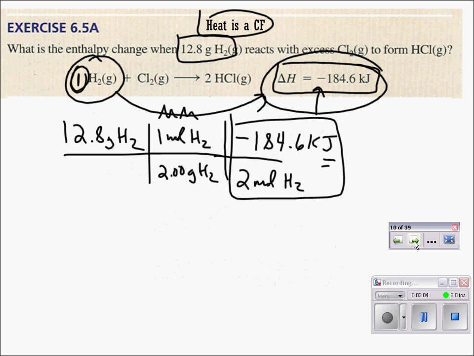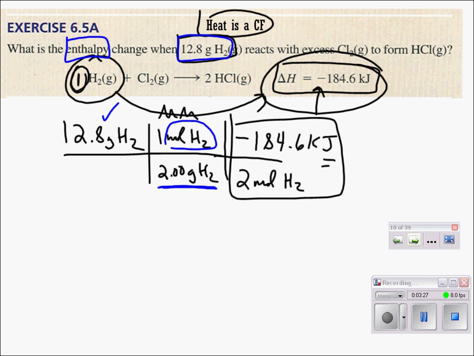One of the key things is that the delta H value, if you see it with a reaction, can be used as a conversion factor. They tell you that you're using 12.8 grams of H2. So I put my 12.8 grams of H2 in the grid. Then I convert it to moles just by dividing by the molar mass. I have moles of H2 right here. They ask me what is the enthalpy, or the amount of heat released.